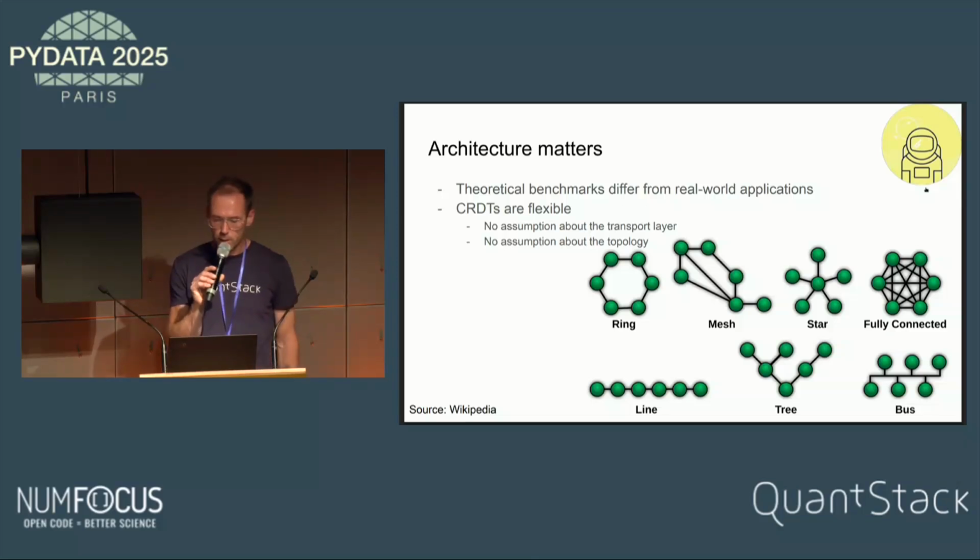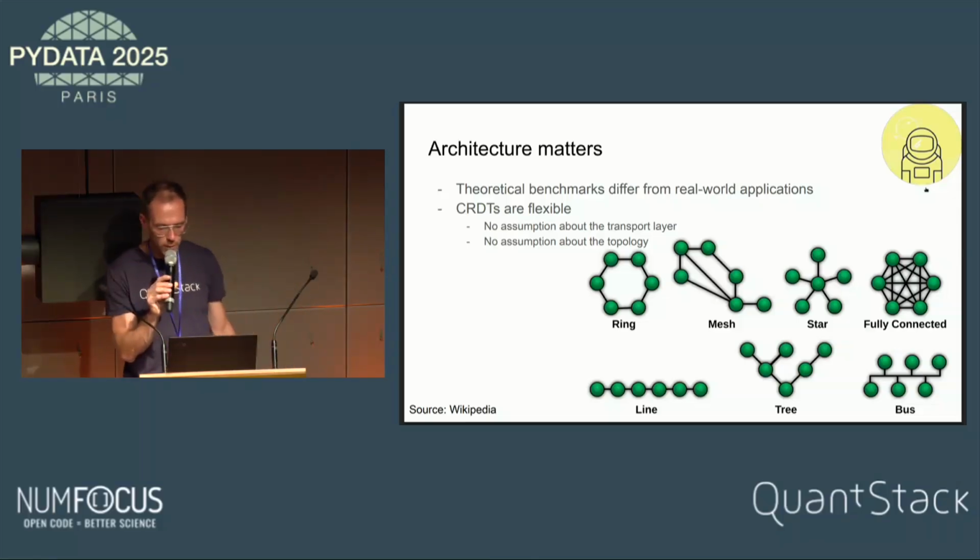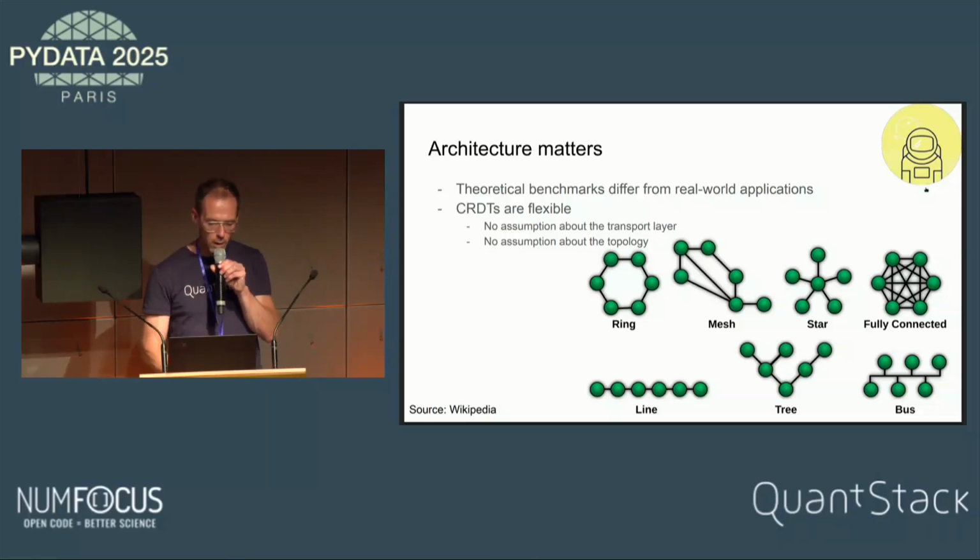One good thing about CRDTs, as I said, is that there is no assumption about the transport layer or the topology. So we could use any one of them. In a client-server architecture it is typically a star topology. In a peer-to-peer, it could be a line, for example.